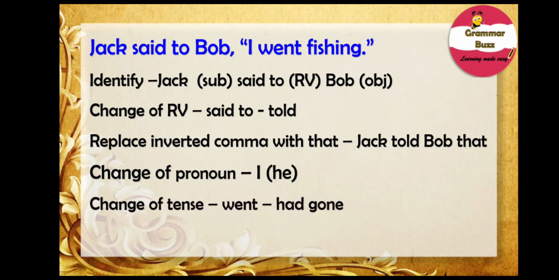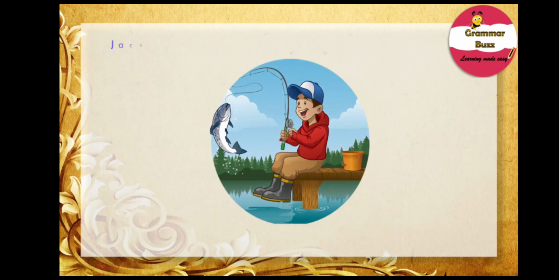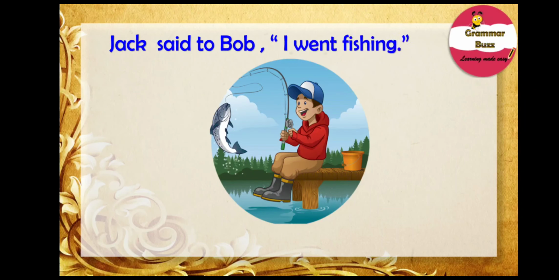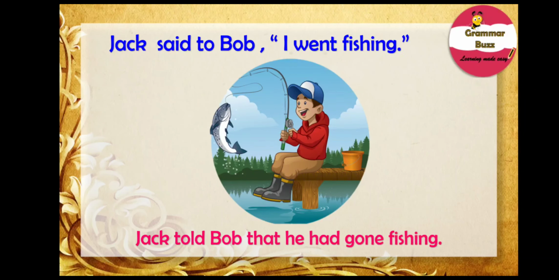So we have had gone. And since there is no time word in the sentence, we skip the 6th step. And we have our sentence ready. That is, Jack told Bob that he had gone fishing.